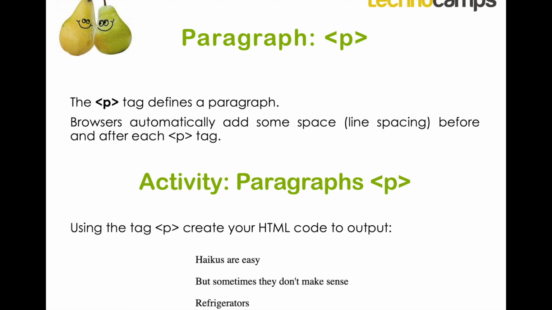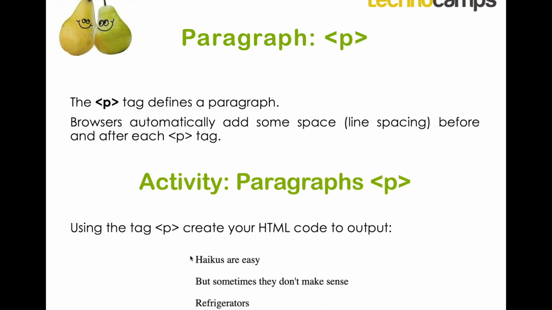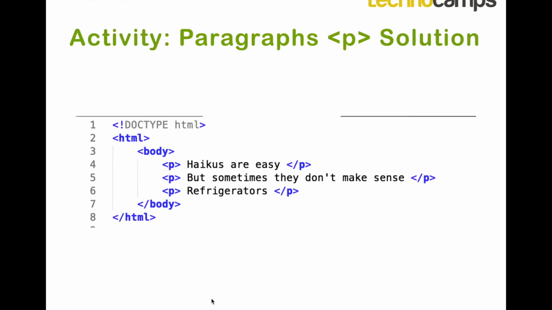So hopefully you were able to do that and create your own haikus. To create your own using paragraphs, hopefully you should have something that looks like this. Okay, as you can see, we've used 3 paragraph tags, and that is why it looks like that there.